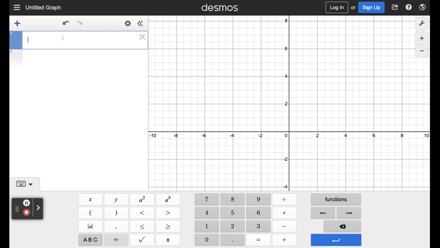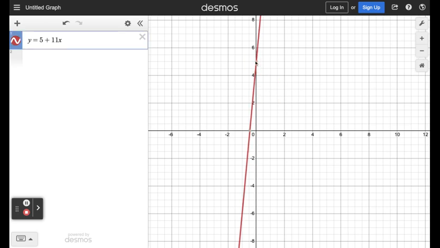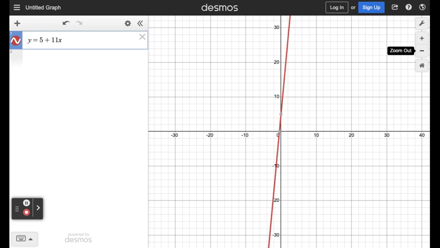Let's go to our bike shop example. So we decided that the formula for that was y equals 5 plus 11x. Here, again, it goes negative infinity to infinity, you can see, for the domain. And then the range, or actually, sorry, the domain will be 0 because we can't have negative numbers.